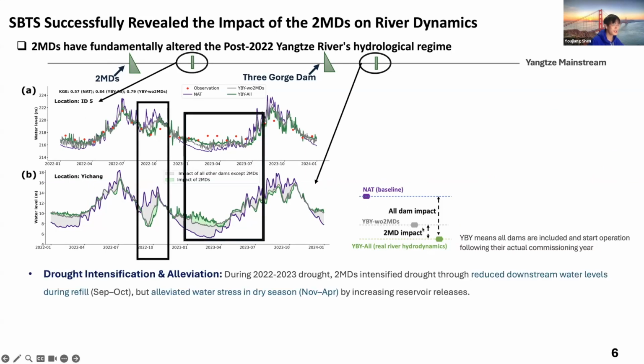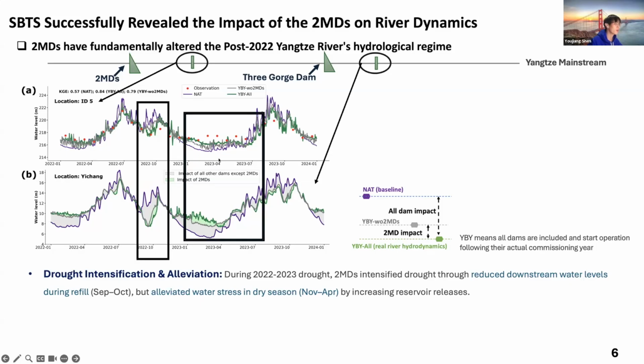So we see that in 2022, later on, an unprecedented drought occurred, and we found that during this drought, peak in the summer, the two mega dams were still storing water during the refill stage, so they further reduced downstream water levels.